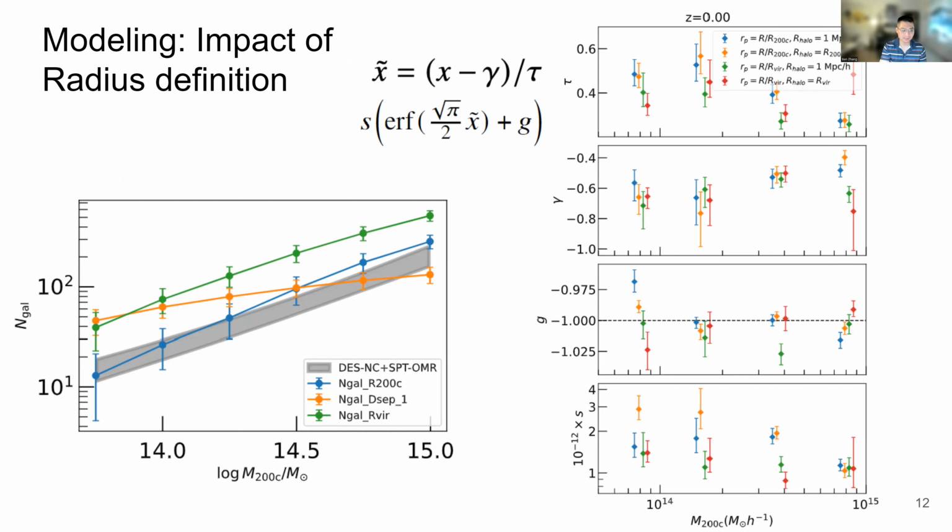As I had discussed, different radius definitions change the mass richness relation. However, they do not make a strong impact on the parameters for the covariance. In most cases, g is consistent with -1, meaning that the covariance goes to 0 isotropically at large scales.